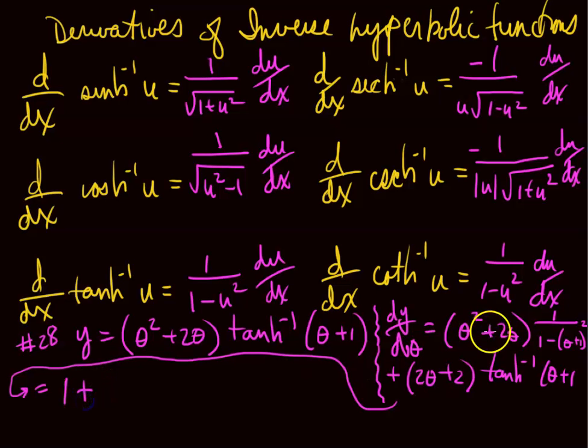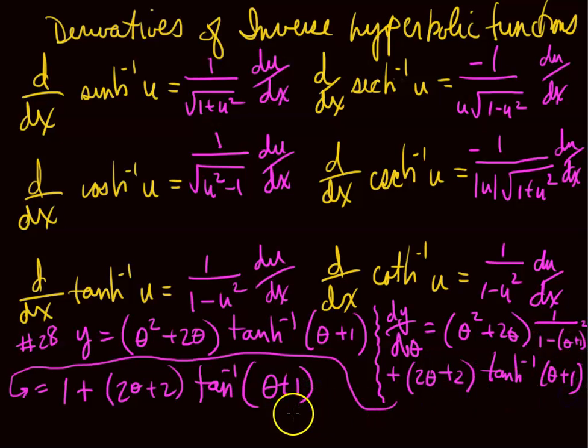Plus, well, now you've got this thing, which you really can't do too much with, except for write it out. 2 theta plus 2, inverse tanh, theta plus 1, close the parentheses. So this is our answer. But it's important to recognize this.